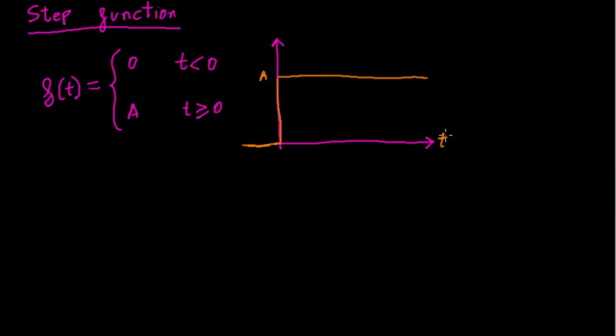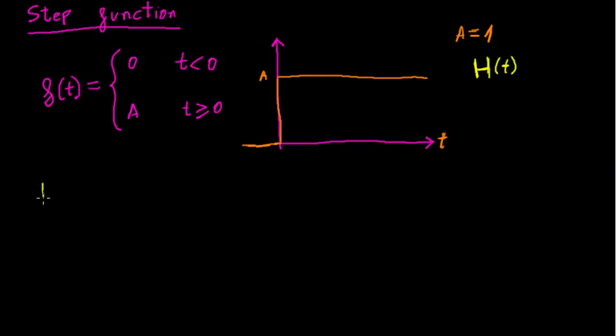This is the time scale. In the case of a being equal to 1, we call the function the unit step, or the Heaviside function h of t, and we'll use this unit step, this Heaviside function, a lot during the course.